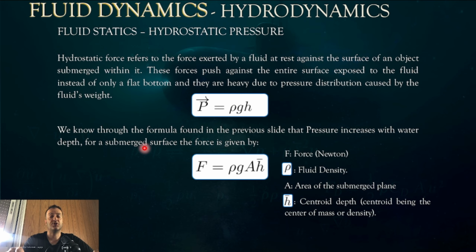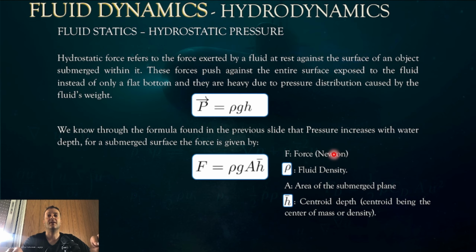For a submerged surface, the force is given by F equals rho g A h bar, where A is the area of the submerged plane, the entire area where it is exposed to the fluid. It's not the flat upper surface. It is the entire area, except perhaps the slight bottom where there's contact against the earth or the seabed.